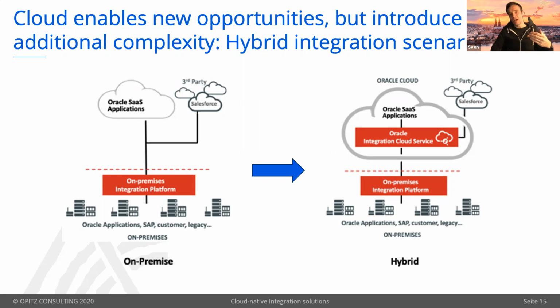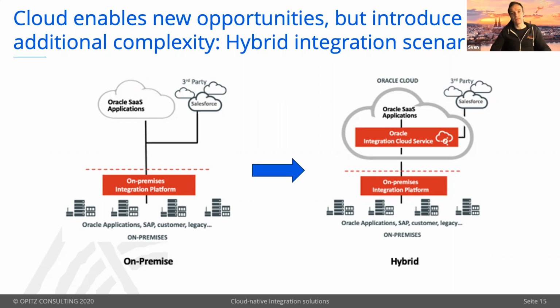Maybe you need to connect to a certain cloud system like Salesforce, but this is more an exception and not a rule. Today, you maybe have more cloud services or more SaaS systems which you use, and maybe you have also parts of your infrastructure already in the cloud, but you also need your on-premise solutions.